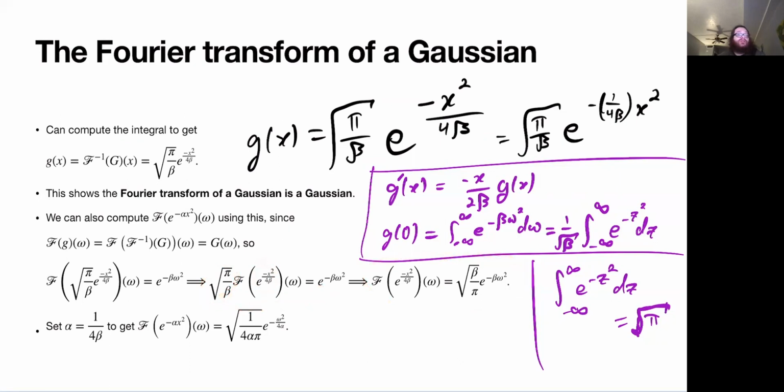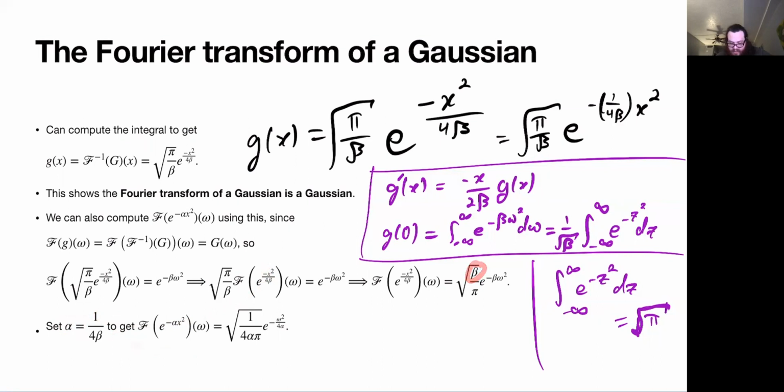And so what we really want to do, we're almost there. It's just we have this, minus 1 over 4 beta, where instead we want the coefficient to be alpha or minus alpha. So what we're going to do is just set alpha to be 1 over 4 beta, so that if you take this 1 over 4 beta and plug it in for alpha, we're going to get the Fourier transform of e to the minus alpha x squared.